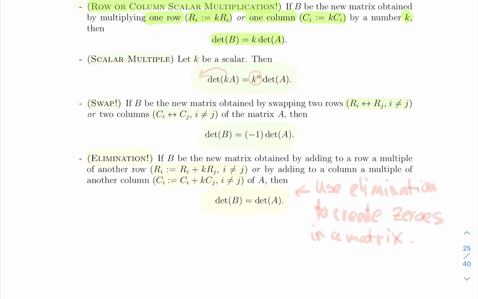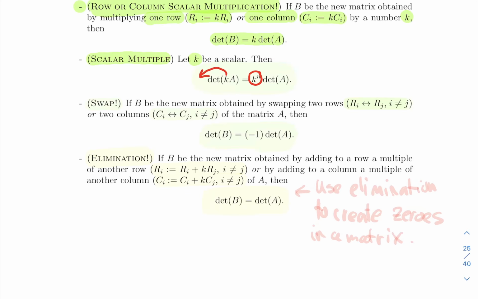This means, and make sure you see the distinction between these two, that if you are multiplying a matrix by k, then you're multiplying every single row by k. So because of the previous property, since every time you multiply a row by k you multiply the determinant by k, if you want to take the k in the scalar multiplication outside of the determinant computation, you need to raise it to the power n, because you multiplied n rows by k.